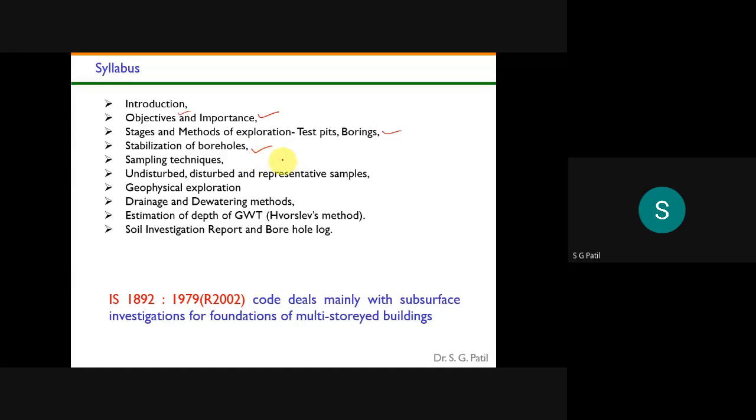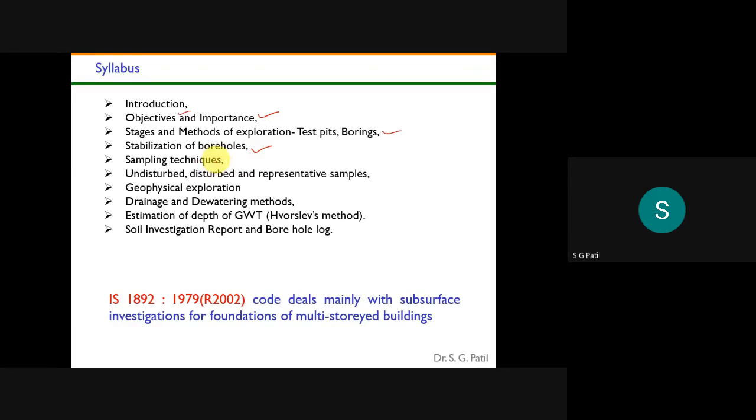If you encounter weak soil in the borehole, the wall of the borehole will collapse. To avoid that collapse, you have to stabilize the boreholes, maybe simply with water, or with bentonite slurry, or with casing pipes.